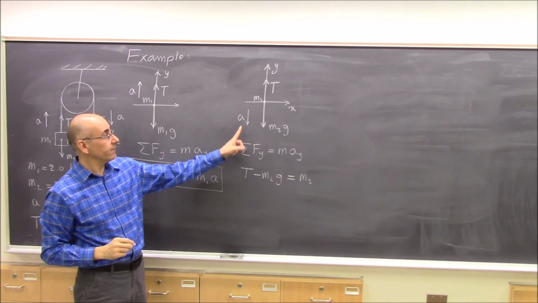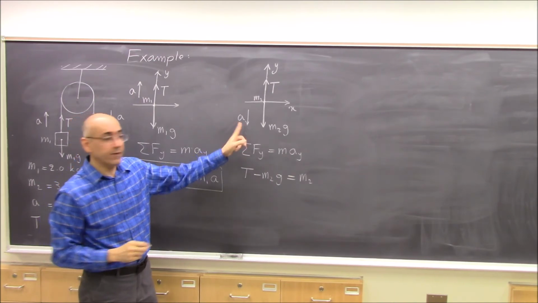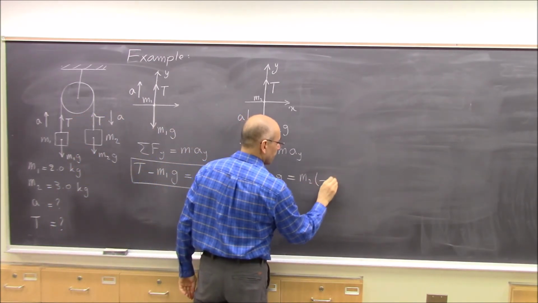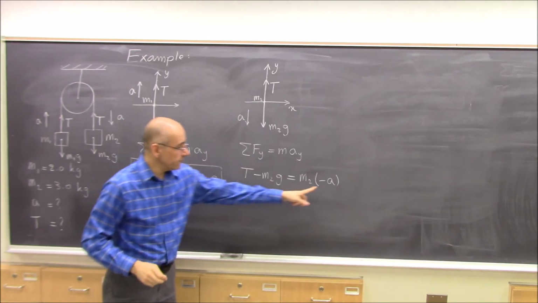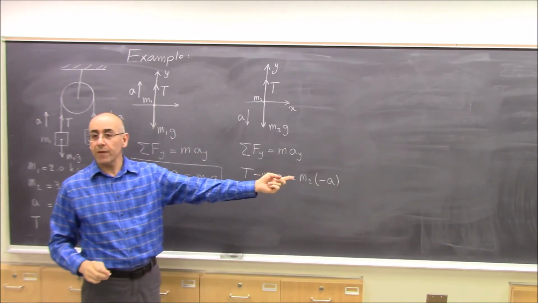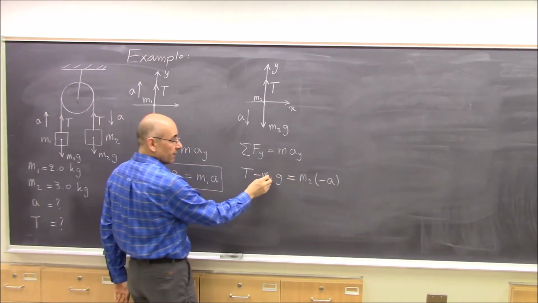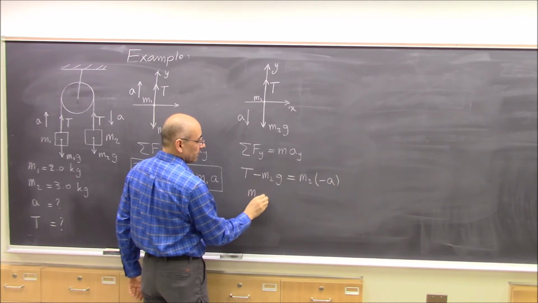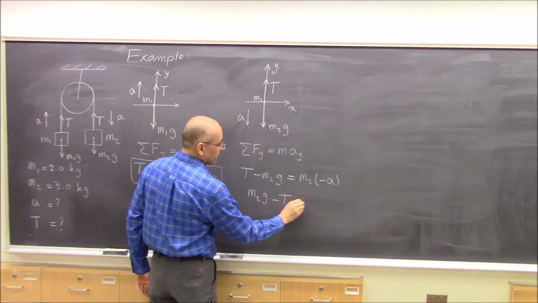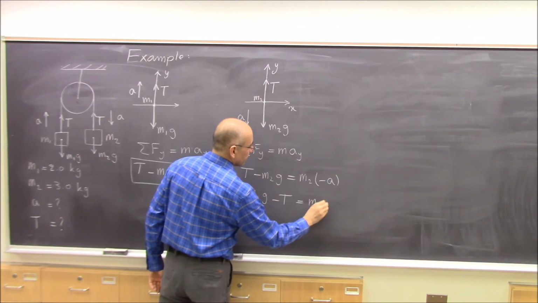What is the y component of acceleration? Negative a. Very good. In order to make this positive, I can multiply everything by a negative sign. This becomes M2G minus T equal to M2 a.